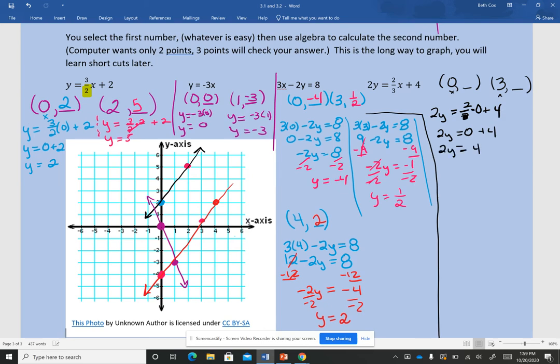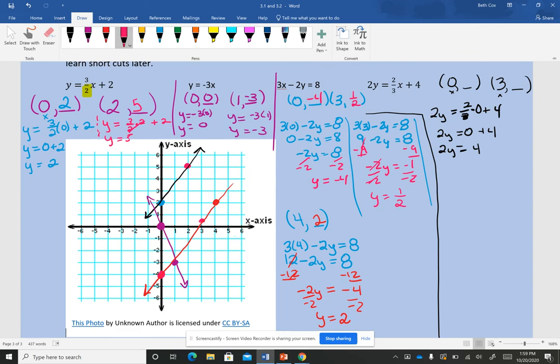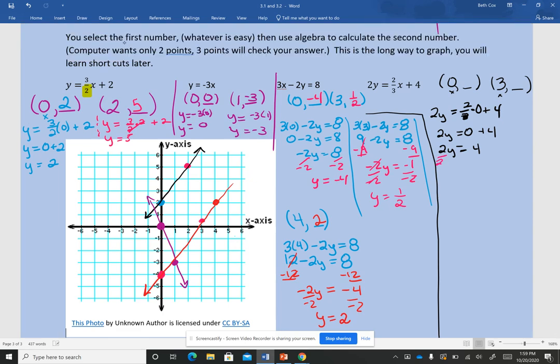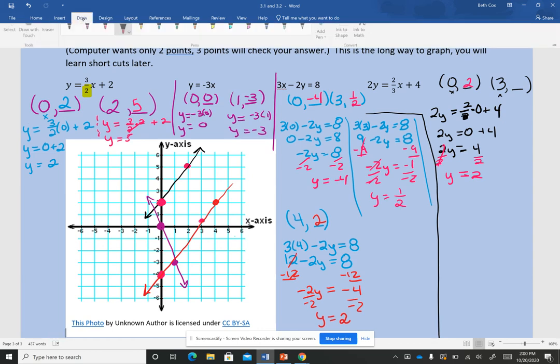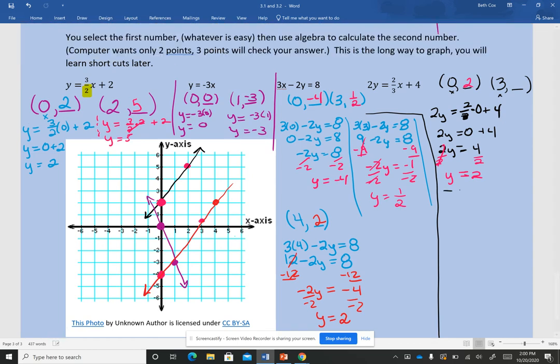Now I'm going to go to solve mode. To solve this for y, I need to divide both sides by 2. I get y is 2. So 0, 2. Oh, I already have that one colored in. There it is, colored in again. Now I'm going to plug in for 3. Plug in 3 for the x. So 2y is equal to 2/3 times 3 plus 4.